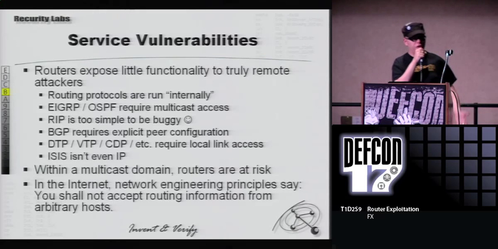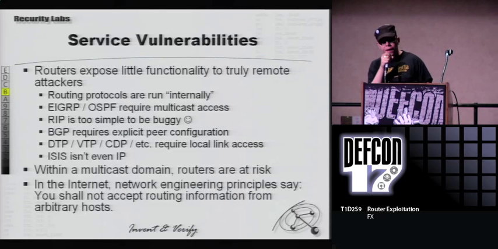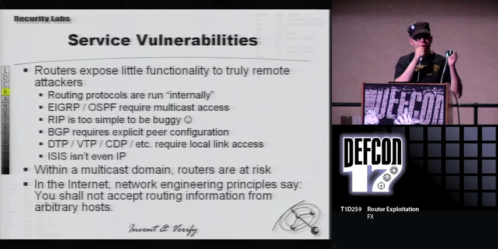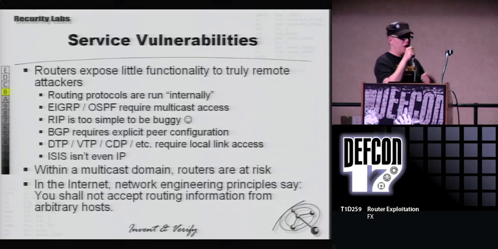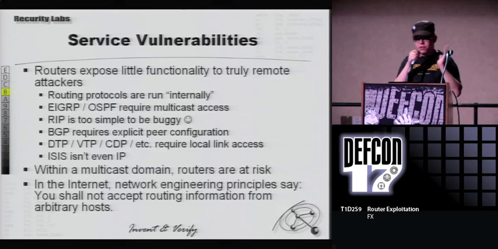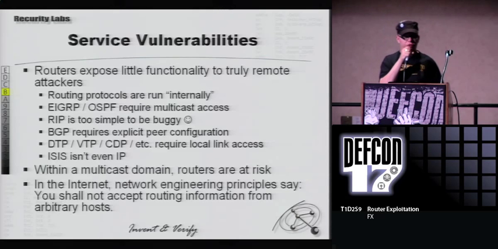And some routing protocols like IS-IS don't even speak IP. It's not IP, right? So you can't route it on the internet. If you are within the same multicast domain, let's say within a large corporate network, good fun. But over the internet, the principle is: don't trust routing updates from arbitrary people.